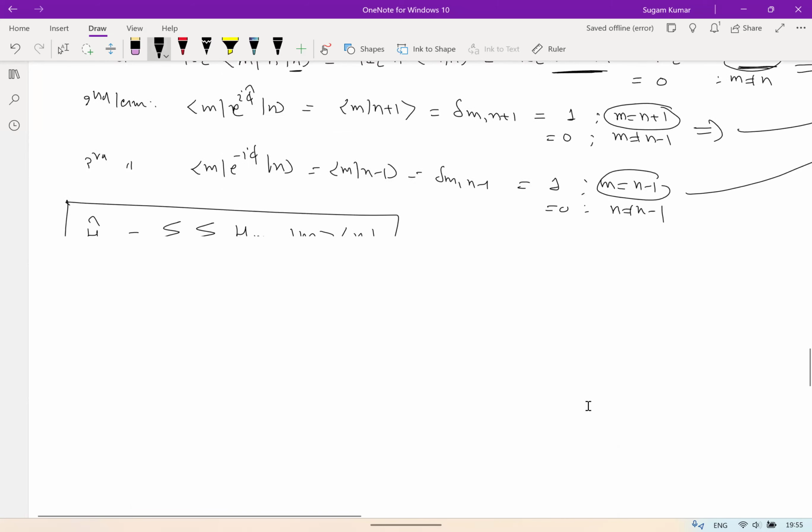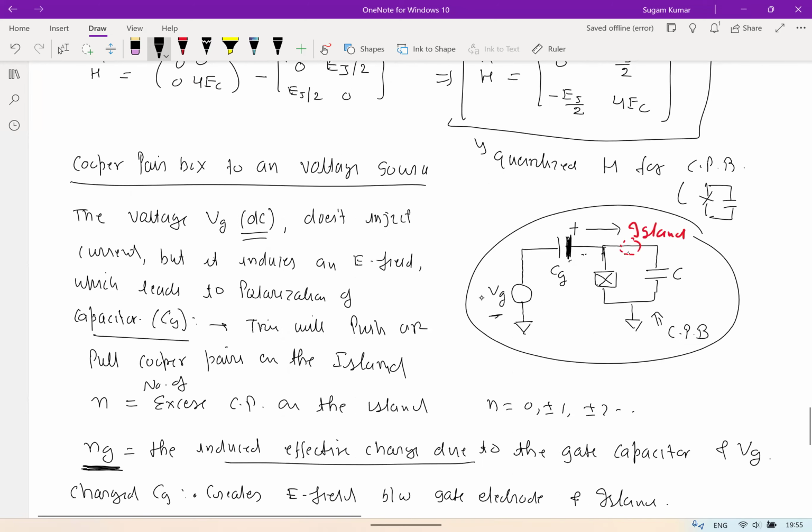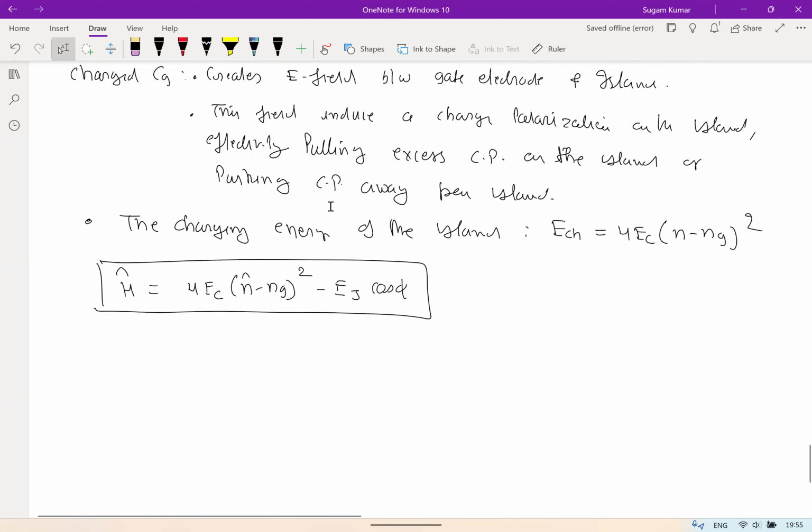When you attach the VG and CG, you're going to have this equation, and that turns out to be the same. When the VG becomes 0, this Ng also becomes 0, and then the Hamiltonian simply becomes 4 times EC N square minus EJ into cos phi.